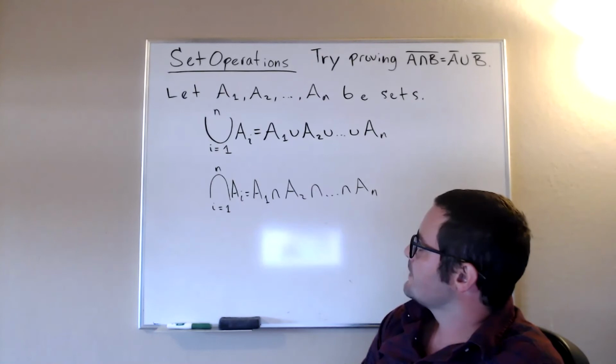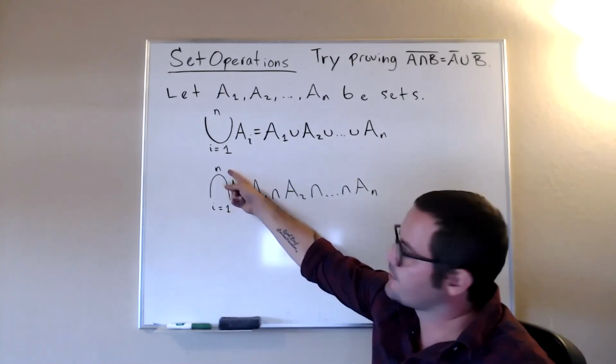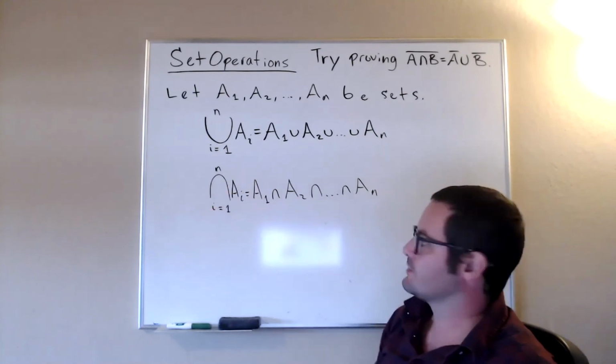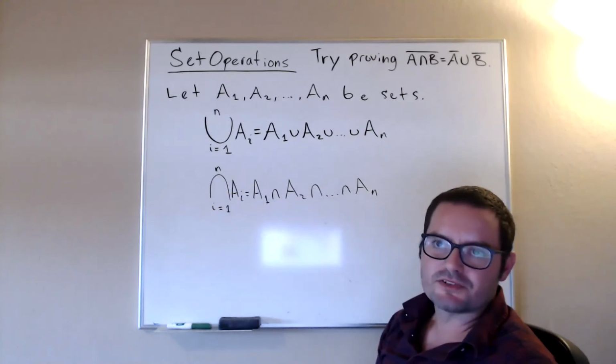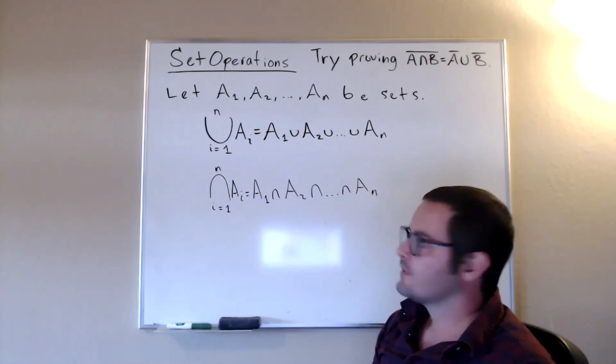In particular, you start at the lower index and you end at the top index, and this is the operator that you're using. It's similar to big summation notation that some of you might have seen in the past. Okay?